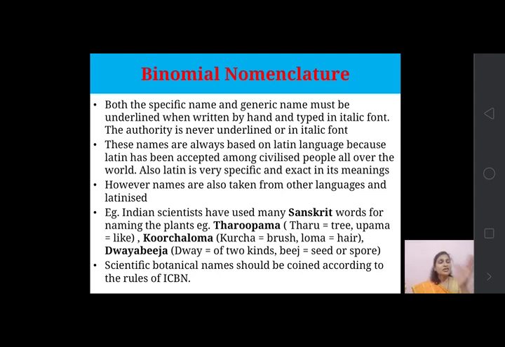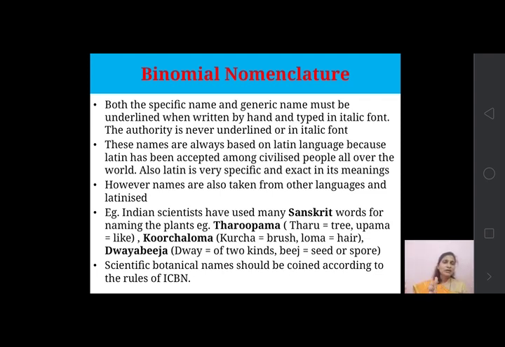That means they are converted into the Latin language. For example, Indian scientists have used many Sanskrit words for naming plants. For example, Tharupama. Tharu means tree, and Upama means like. So, tree like. When they give the name to a large tree, they include the word Tharupama. It is a Sanskrit word that means tree like.